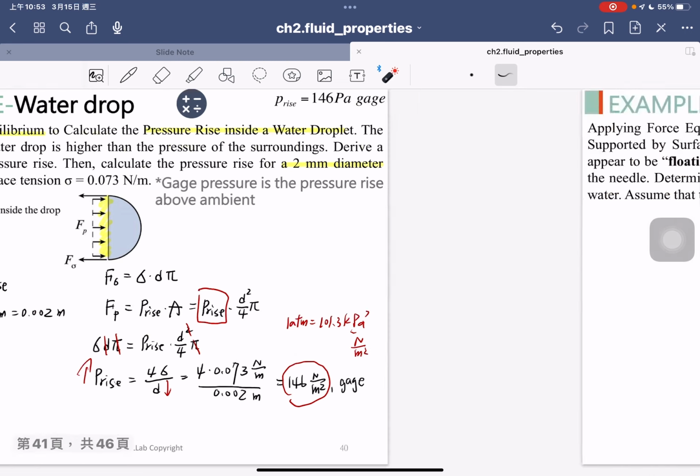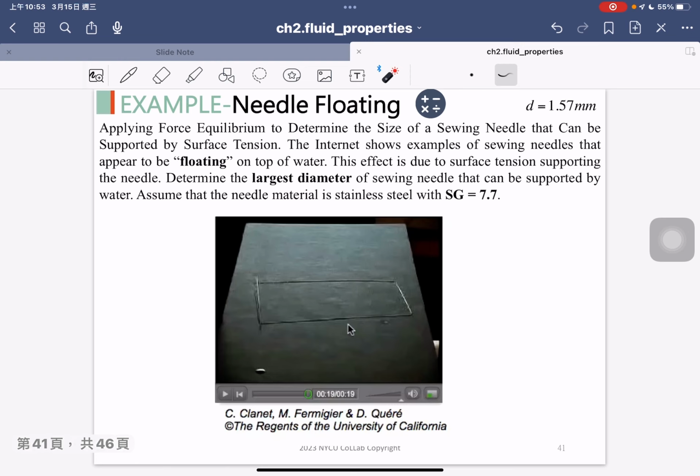Okay, and then this is another exercise. As I said, 轻功水上漂. When we do the laboratory experiment and put a needle on the water, we can see the needle will float on the water surface.